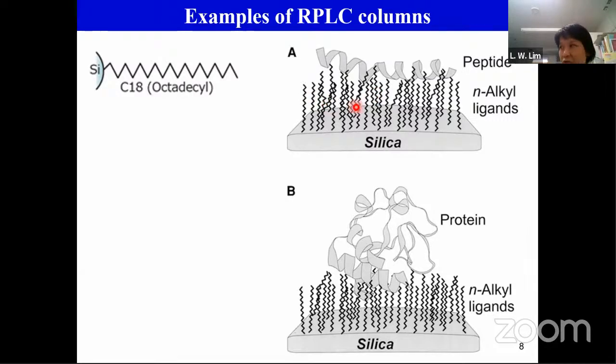The phase will collapse means it will not go straight, it will go somewhere else, depending on the solvent. That is why with a different solvent, C18 is a hydrophobic phase. So when you increase your water, or when you increase your organic solvent, you can control the thickness of this phase. So when you control the thickness of this phase, then you can control how long or how fast your sample can be retained on the surface of this column.